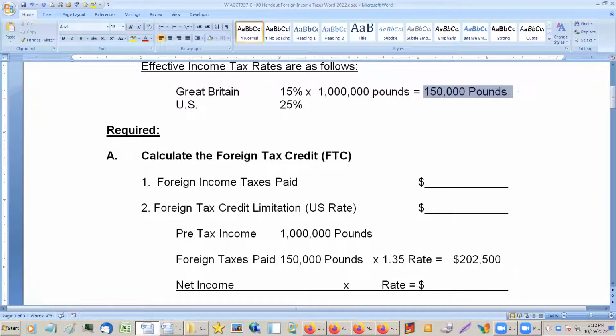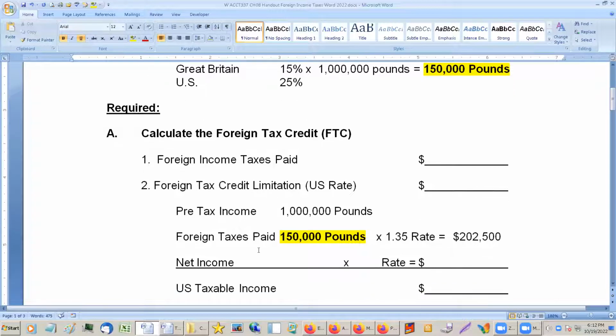Okay, so this is that number. Their net income would be the million pre-tax income minus 150,000 pounds, so we're left with 850,000.